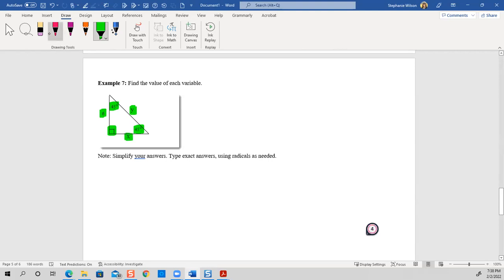Let's write this: y squared is equal to 6 squared plus x squared. There we go. My y squared is my hypotenuse, and now we're looking for the longest side, so that means we have to square root it.